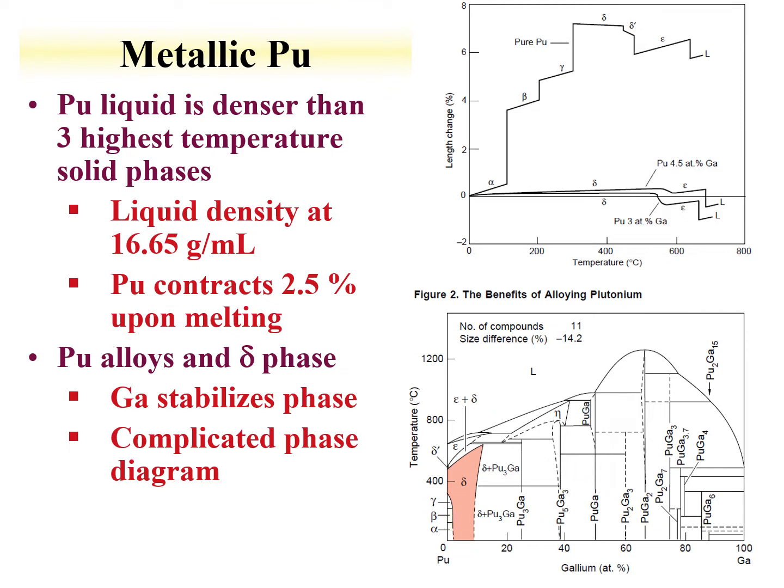So it's a rather complicated phase diagram, but this property here is exploited for plutonium metal. And as we see here, this is an example of the change in density as the temperature increases, where the liquid phase winds up being more dense than the solid.